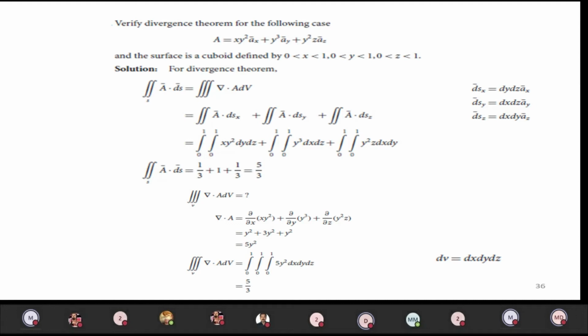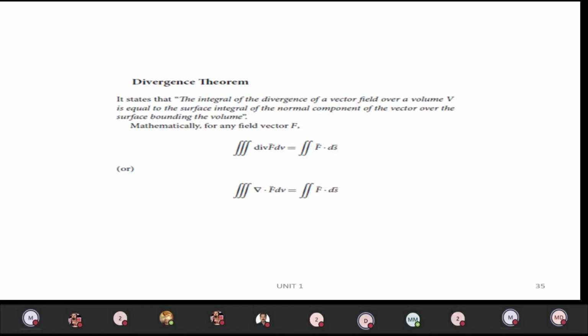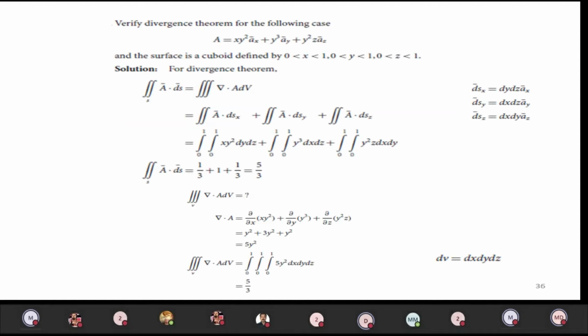For this vector, we have to verify the divergence theorem. For the analysis, we took the vector as F, but the vector we have to use is the one given in the problem. In this problem, it is given as A vector.